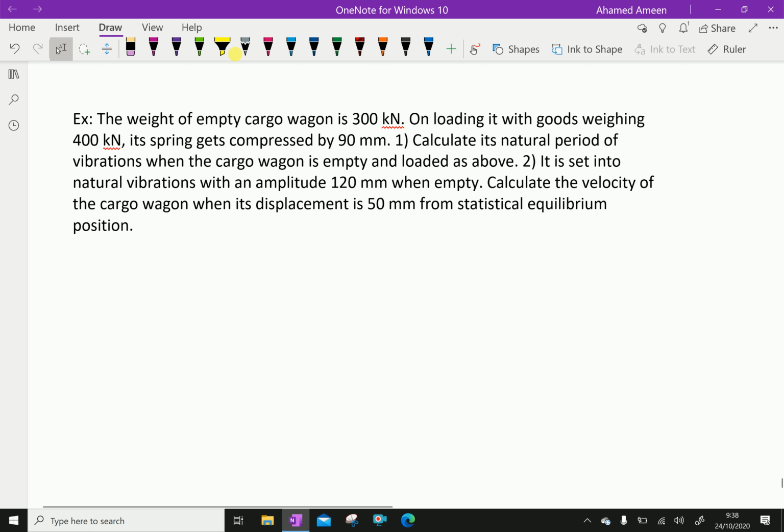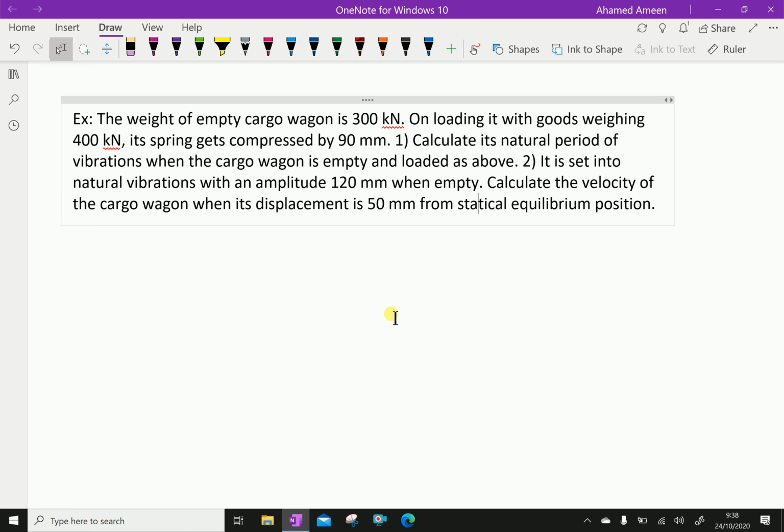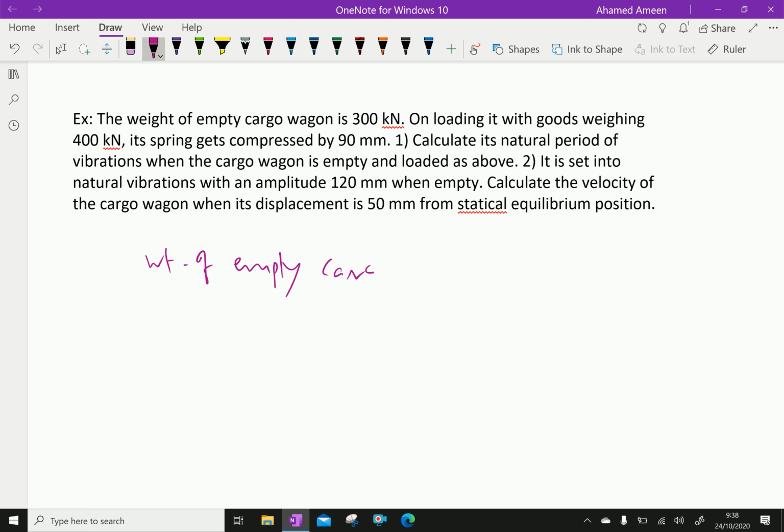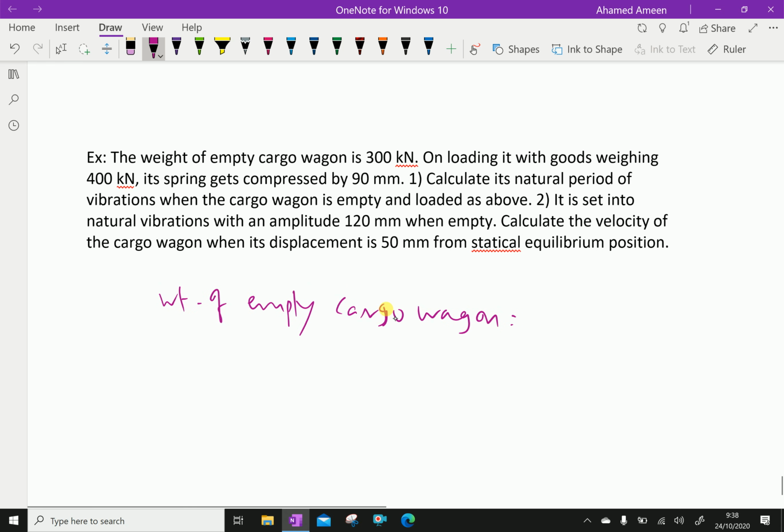Now let us start the problem. First, weight of empty wagon. Weight of empty cargo is 300 kilonewton.